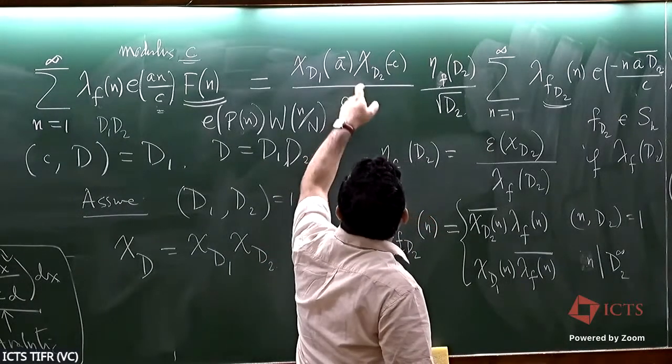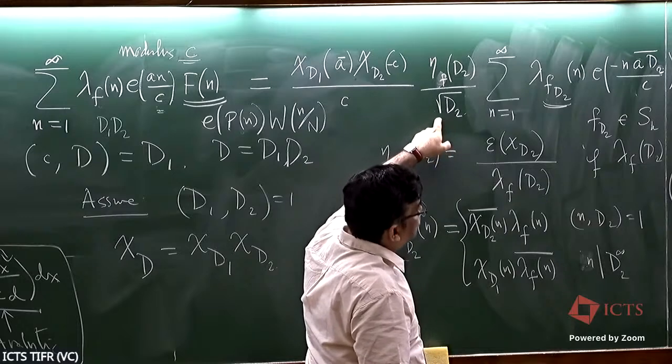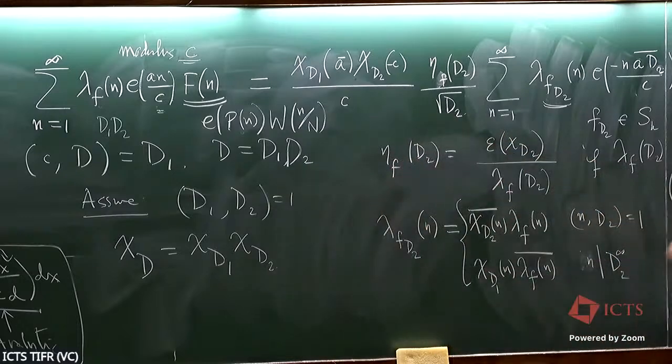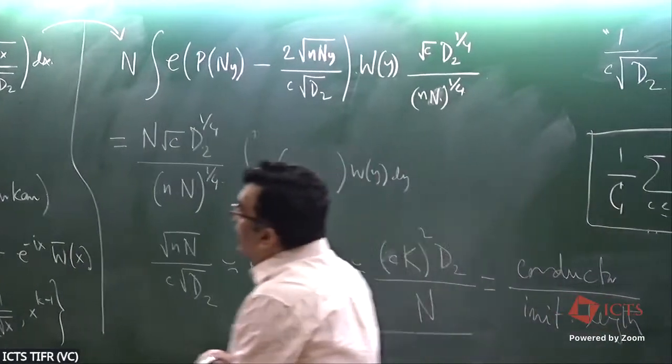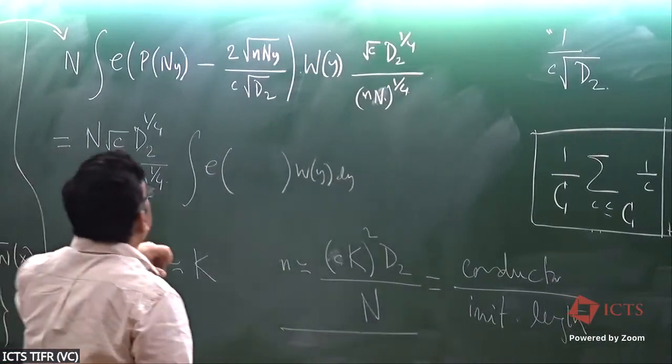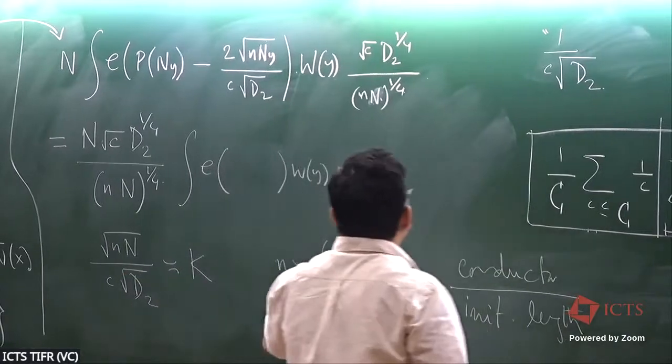So we have a 1 by c and 1 by square root of d2. Right over here. 1 by c square root of d2. And the length of n is this.